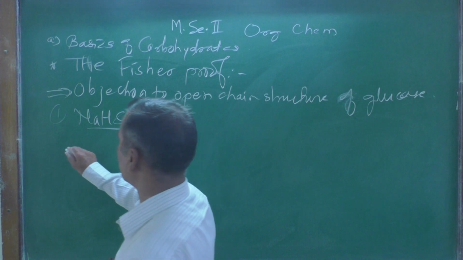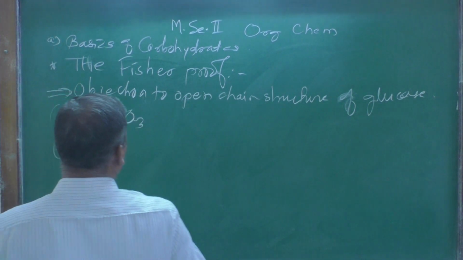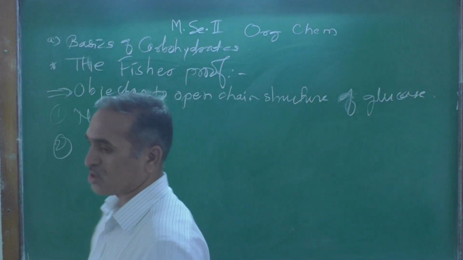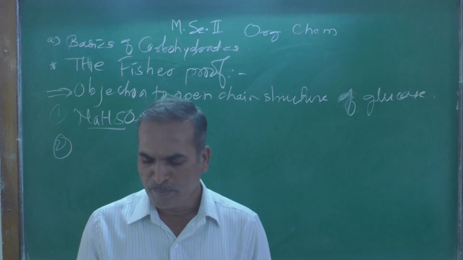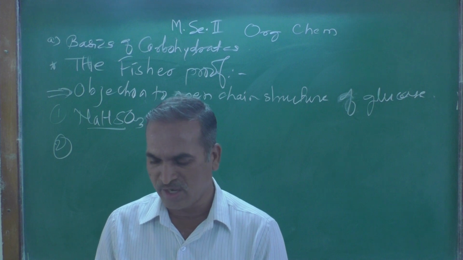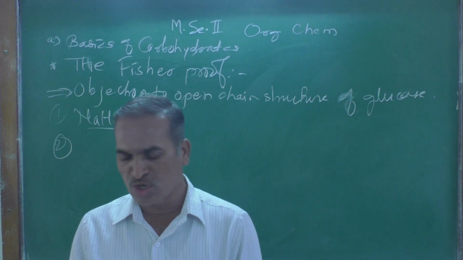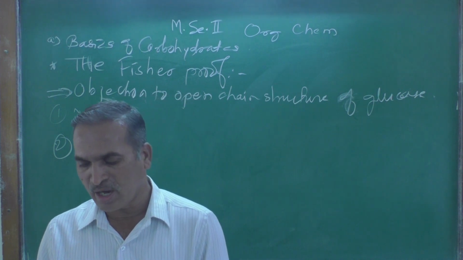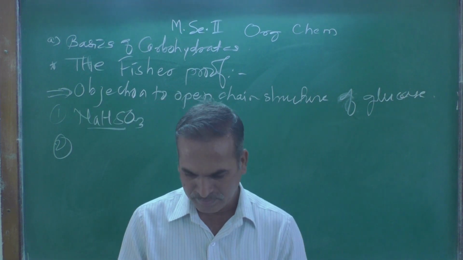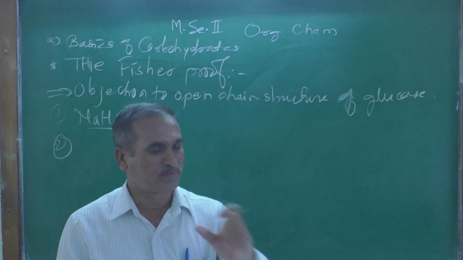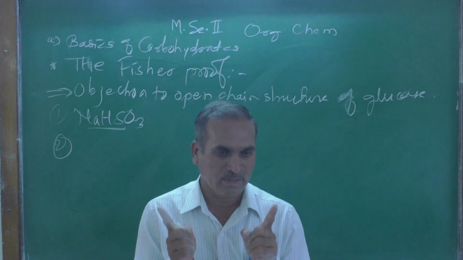Now the second objection to the open chain structure: glucose does not give a pink color with Schiff's reagent, or form aldehyde ammonia derivatives on treatment with ammonia.